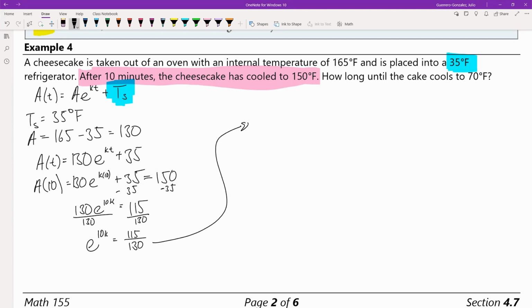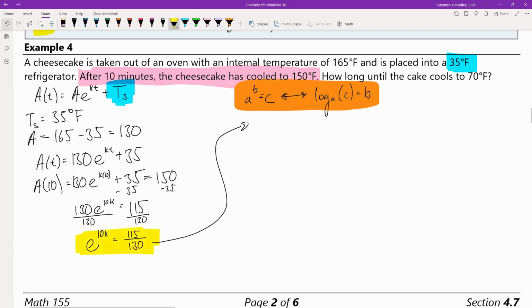Our boomstick, right? So I'm going to write it up here first of all. a to the b is equal to c, that is equivalent to log base a of c is equal to b. Then I can grab this thing down at the bottom and turn it into my equivalent logarithmic form.